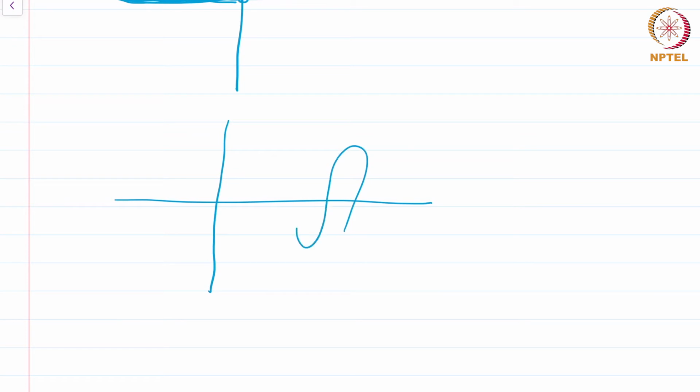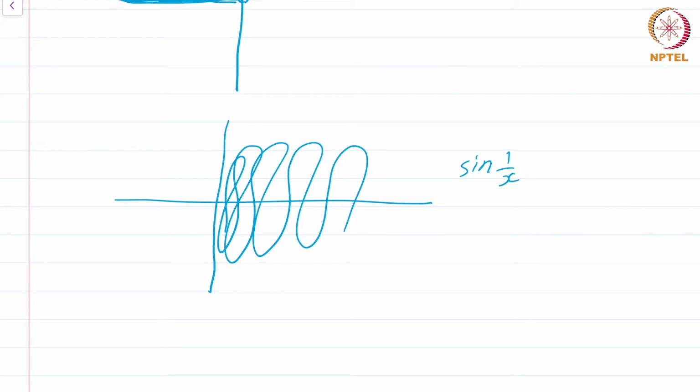Okay. And for the third example of an essential discontinuity, we have the very famous example, which is my greatest enemy to showcase my poor drawing skills. It's this function: take sine of 1 by x. Of course, I have to draw it for the negative. I'm not going to embarrass myself twice, so I'm not even drawing it on the negative x-axis.